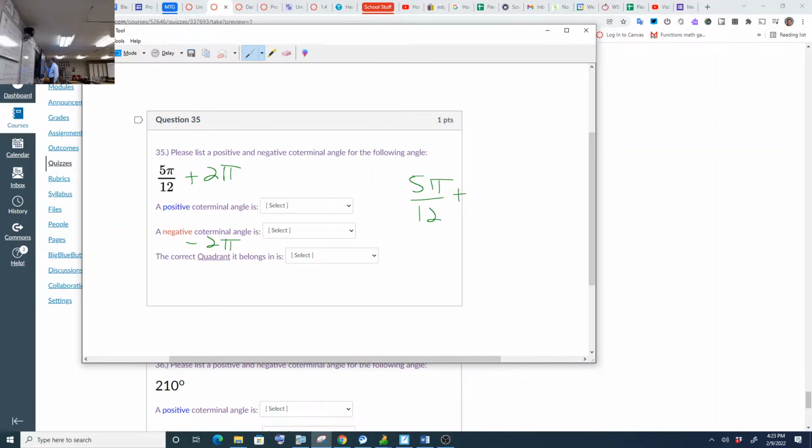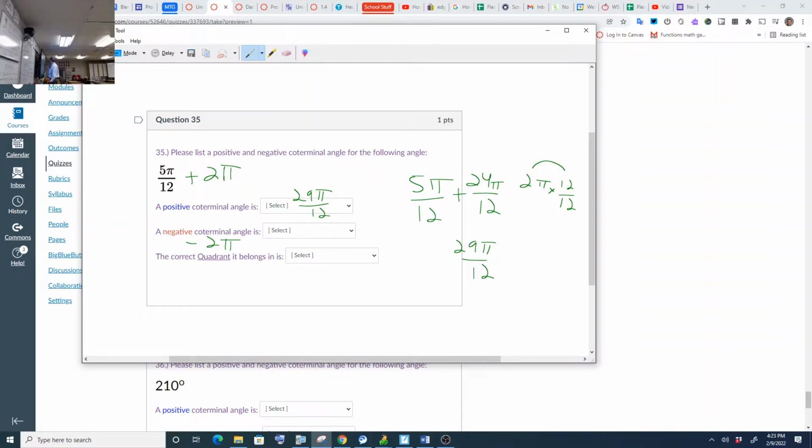If we're going to add 2 pi, you're going to have to turn it into 12ths. So you multiply it by 12 over 12, which is just 1. 12 times 2 is 24, so that's 24 pi over 12. And so 24 plus 5 is 29 pi over 12. There's our right answer, and that's a positive coterminal angle.